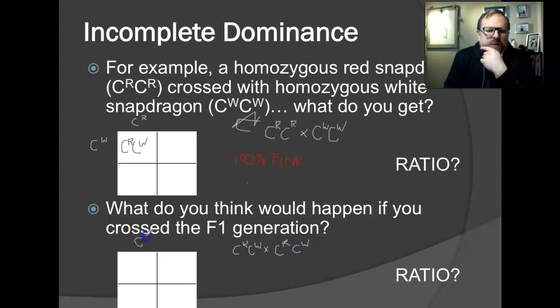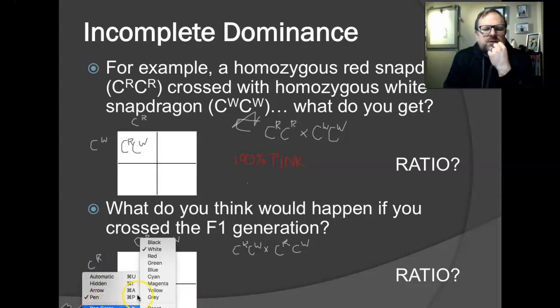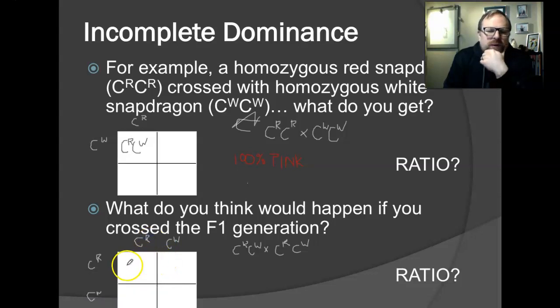So I'm going to have to fill this one out in full because we're going to end up with some interesting results here. Okay, so I've split these up according to our law of segregation, and I am going to fill in what we have. So this individual here will be CR, CR. This individual here will be CR, CW. Okay, this individual here will also be CR, CW, and I like to just be consistent.